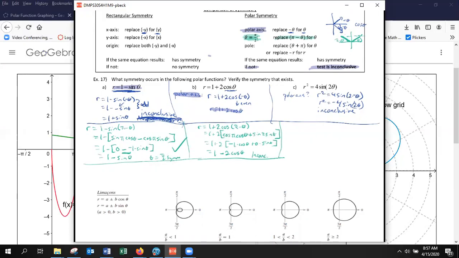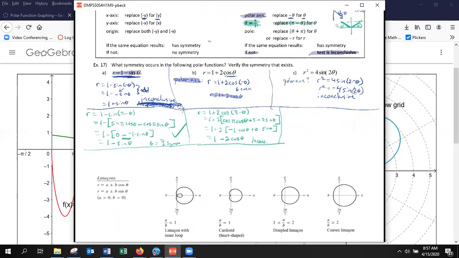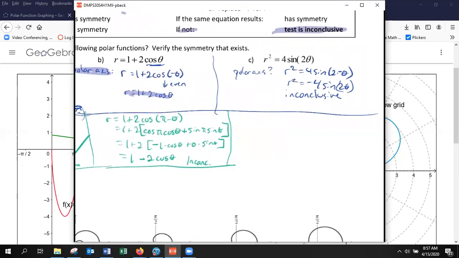Now it actually does not have that symmetry, but at the same time, this is more of using algebra to verify whether it does or not. Now on this one, are we expecting the symmetry to occur or not, and why? So let's take a look at r squared is 4 sine of 2 times pi minus theta. So that's now 4 sine of 2 pi minus 2 theta. We can keep working through our tests.